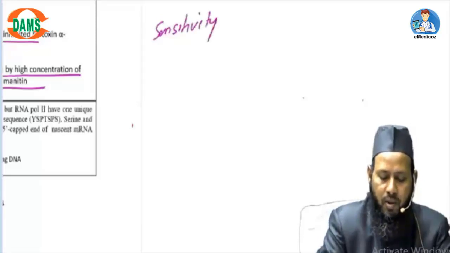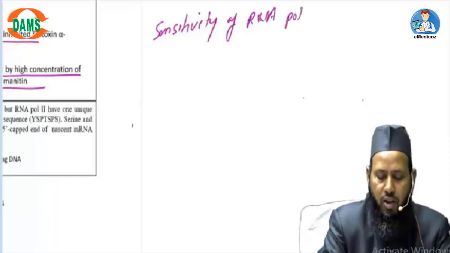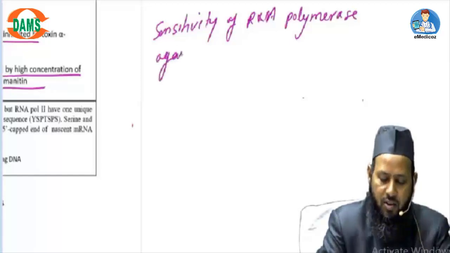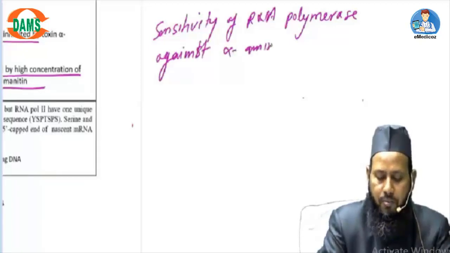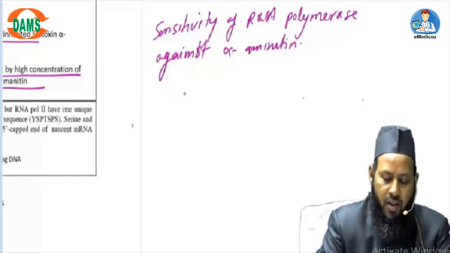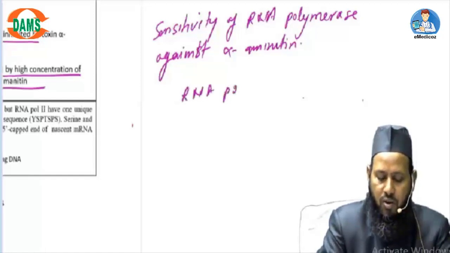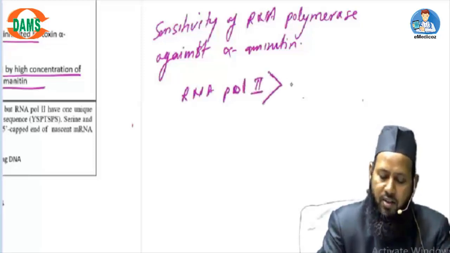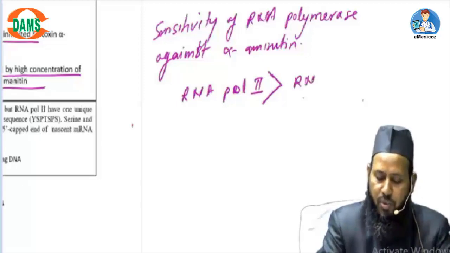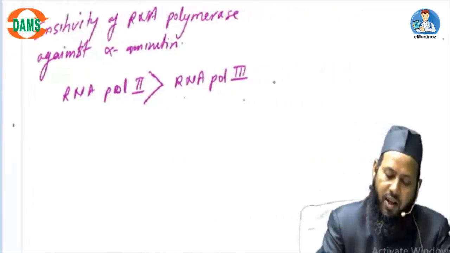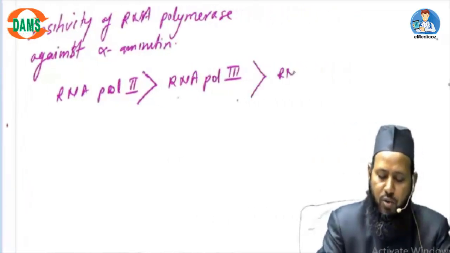So if we make the sensitivity of the eukaryotic RNA polymerases against alpha amanitin, RNA pol 2 is highly sensitive, more sensitive than RNA polymerase 3, and then RNA polymerase 1.